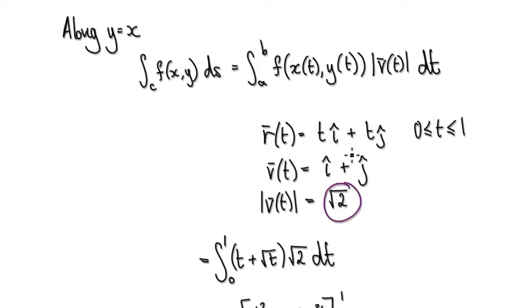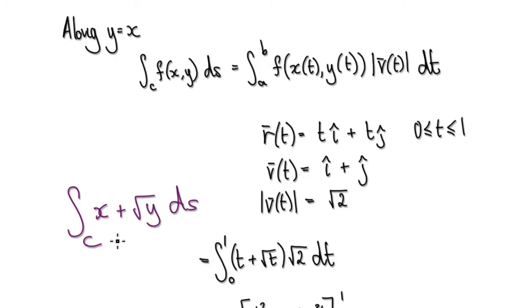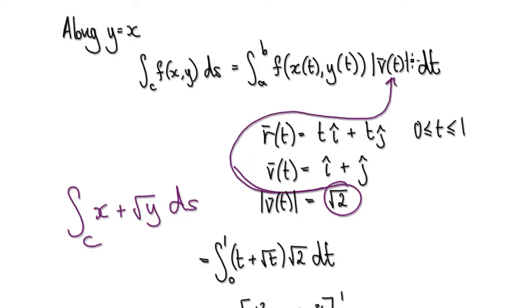So now our line integral is given by this. Okay, because it was this earlier, x plus root y ds. And so when you put this into here, that will then give you this.